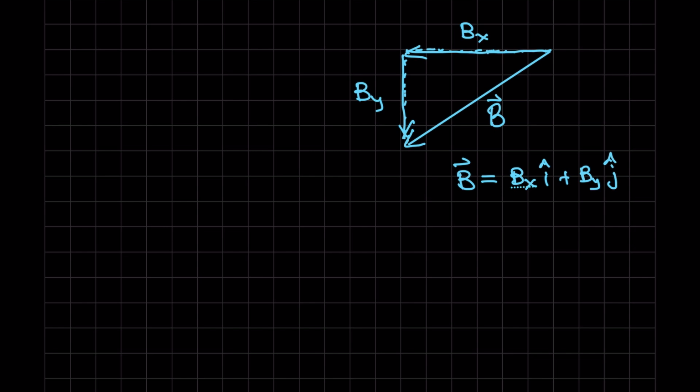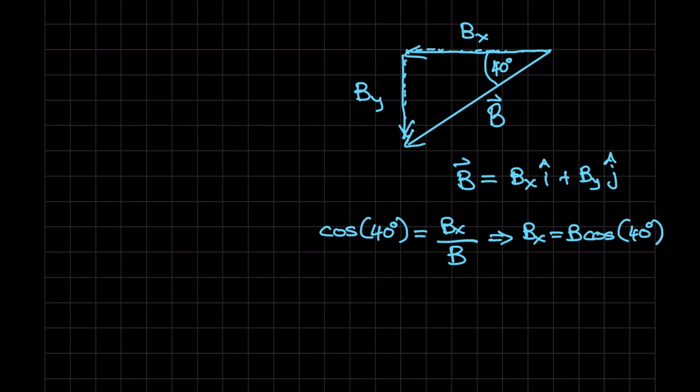Again, using a little trig, we want to find out what these components are. That's 40 degrees right there. So cosine of 40 degrees is equal to Bx over B. Looking at the angle 40 degrees, the adjacent side is Bx, and the hypotenuse is the magnitude of B. So we can solve for Bx equals B cosine of 40 degrees.